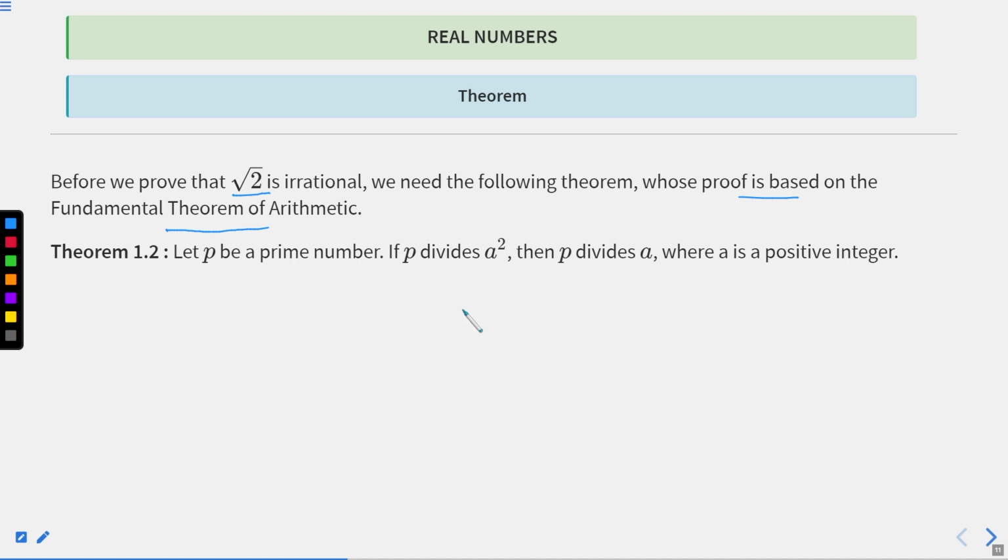Okay, so in a unique way we can represent them. So before we prove that root 2, root 3, root 5 are irrational numbers, we need this theorem.